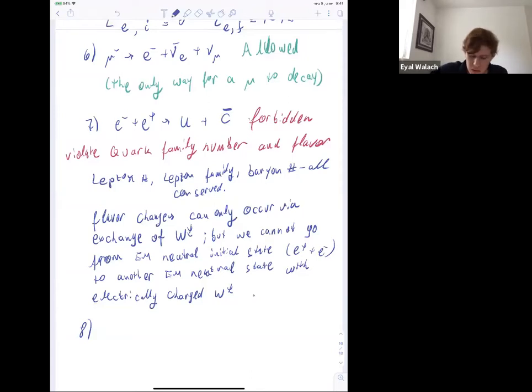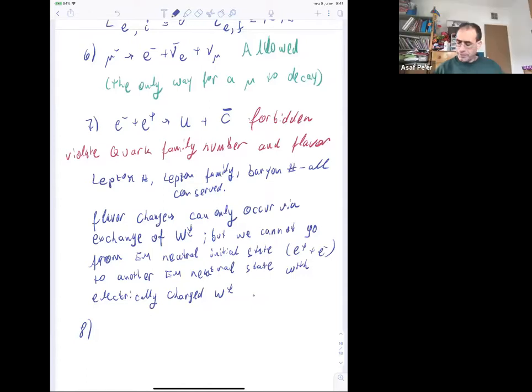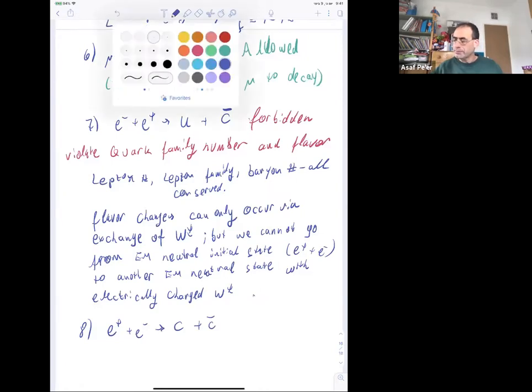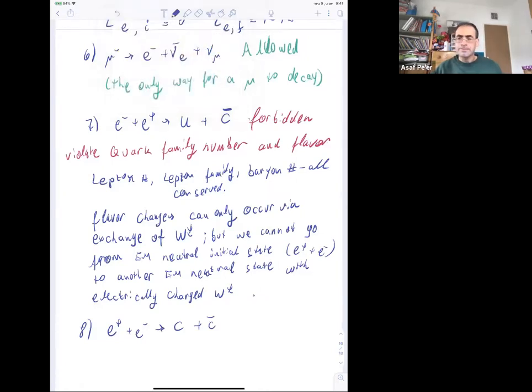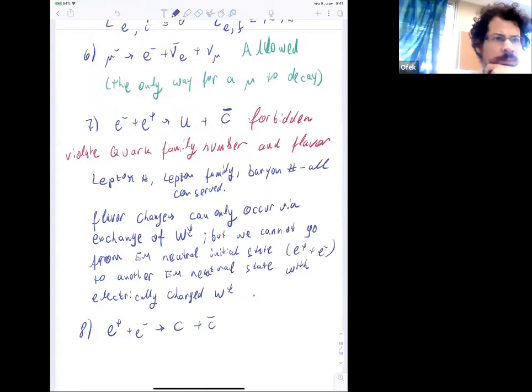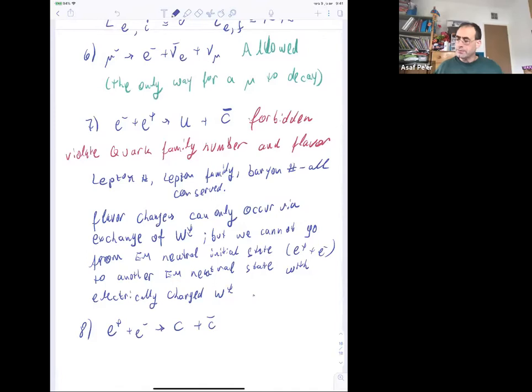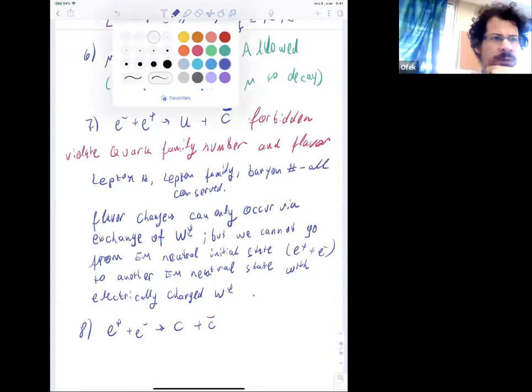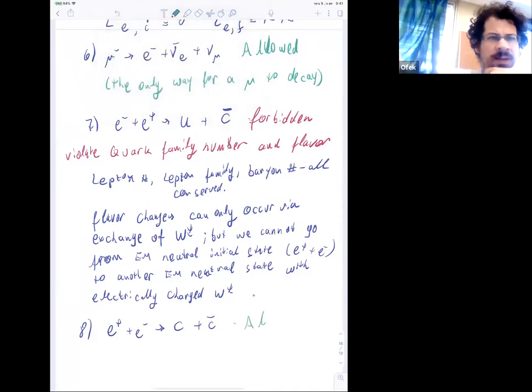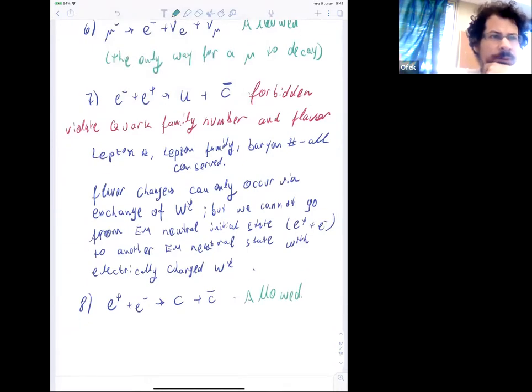If you have an e plus, e minus going into, let's say, a charm plus an anti-charm, is that allowed? Yeah, that's fine. You can always exchange any particle and its antiparticle with any other particle and its antiparticle, because all the charges are zero.